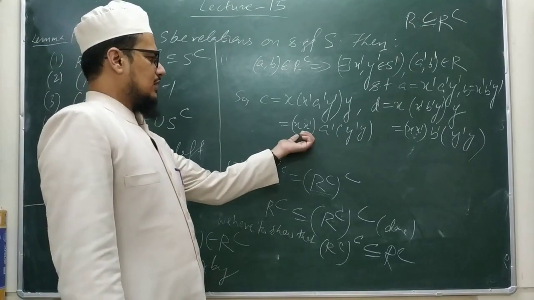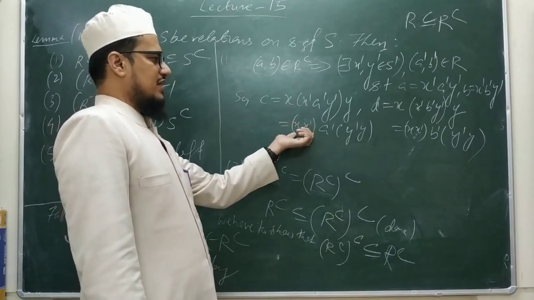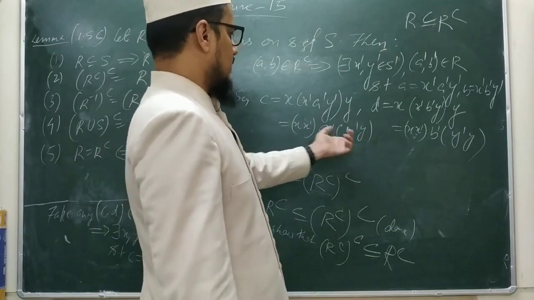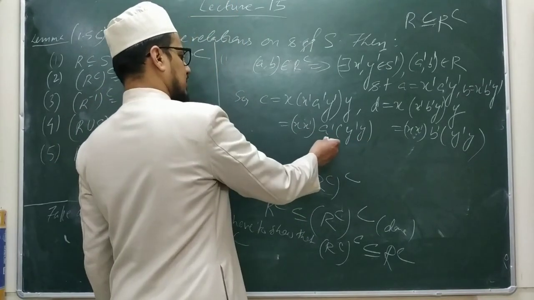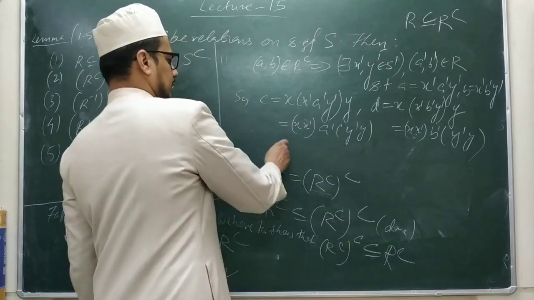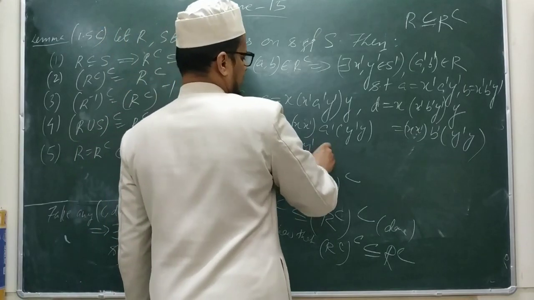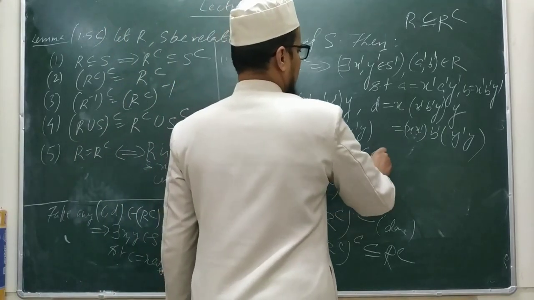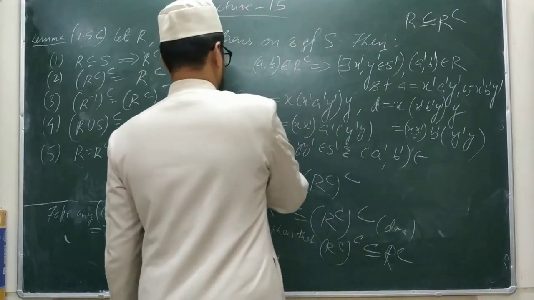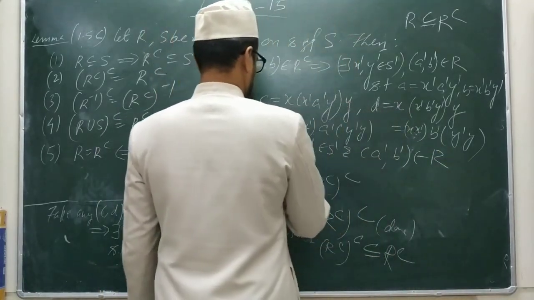Now you see X is from S1, X' is from S1, so XX' is also from S1, and Y'Y is also from S1. So the situation is here that XX', Y'Y is from S1, and A', B' belongs to R. Correct?